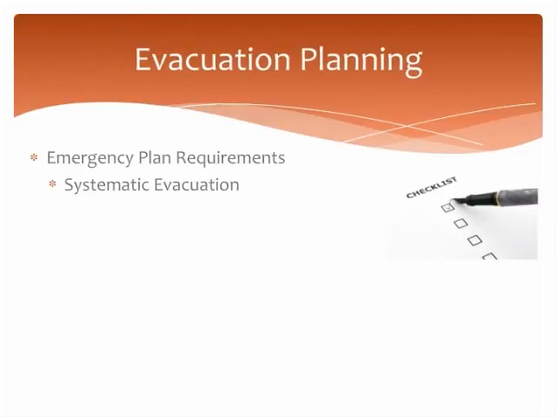This can include checklists that may be used during emergencies. One staff member should be assigned to ensuring that all residents and staff are accounted for on the outside of the building. The evacuation plan must be adequate for all residents.